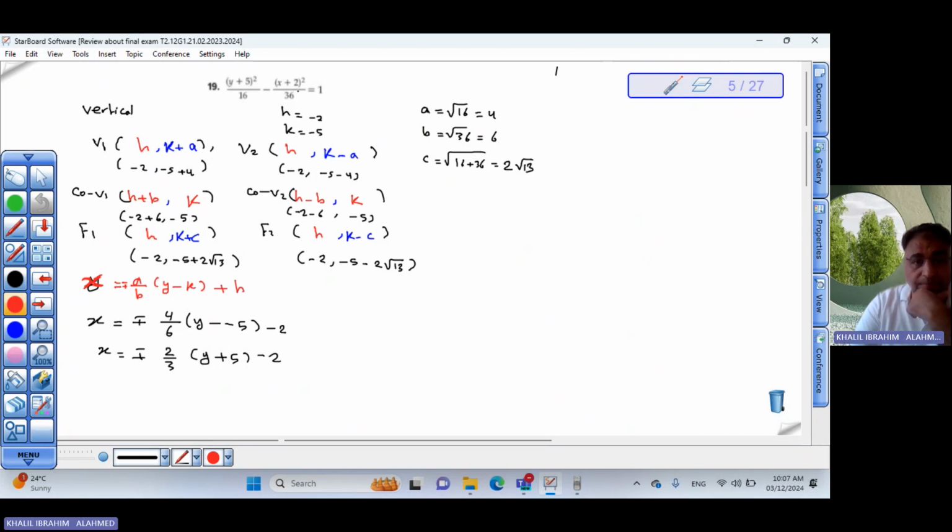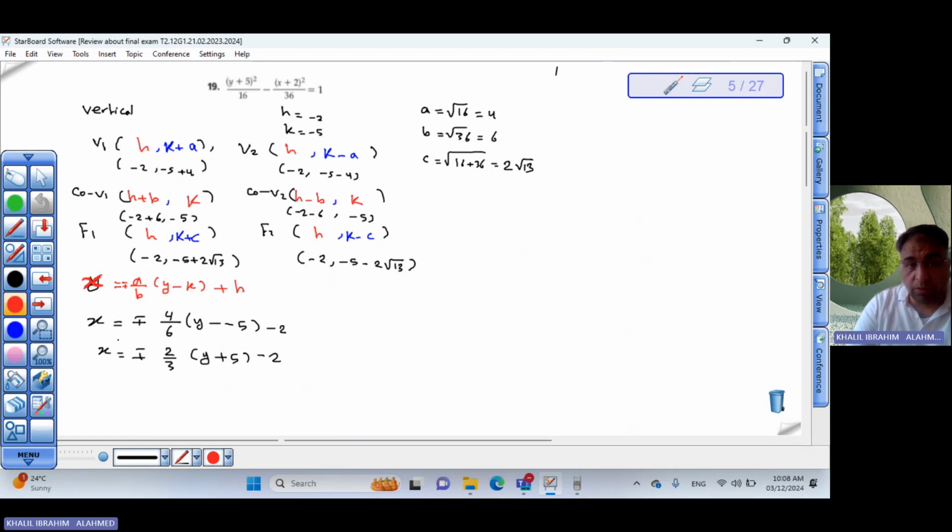This is the equation. Maybe asking you what the coordinates of vertices and co-vertices and foci, coordinates of foci F1 and F2, and the equation of asymptotes.